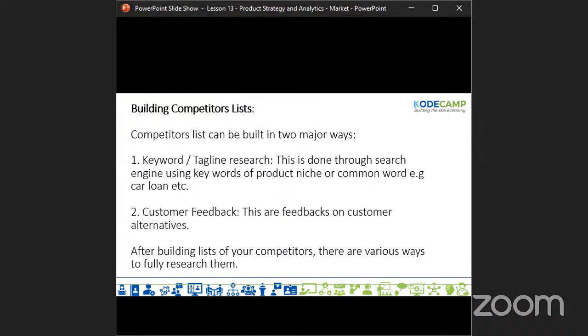So now we know the types of competitors, direct and indirect, and how they answer to us. We understand why Showmax and Netflix are in the same business niche, and why YouTube is an indirect competitor that answers the same need. If I don't have a subscription for Showmax or Netflix, I might get something that answers my need on YouTube, where people upload movies I can stream and watch.